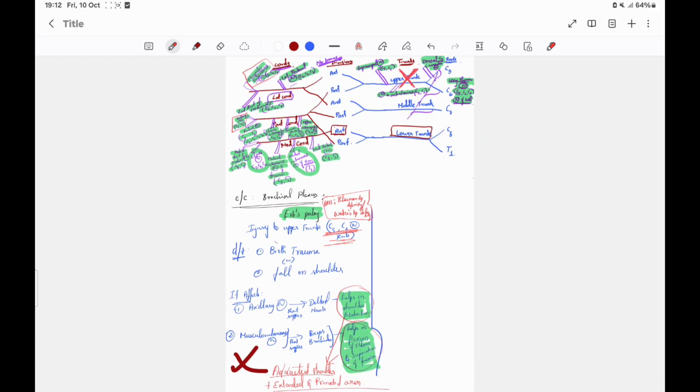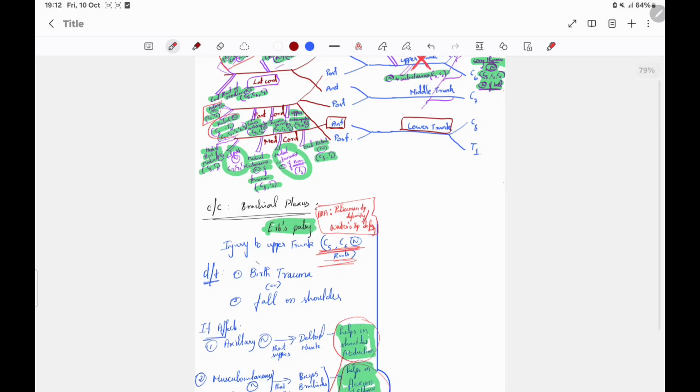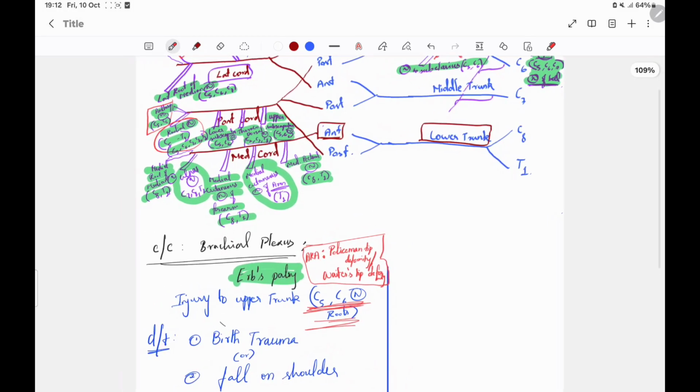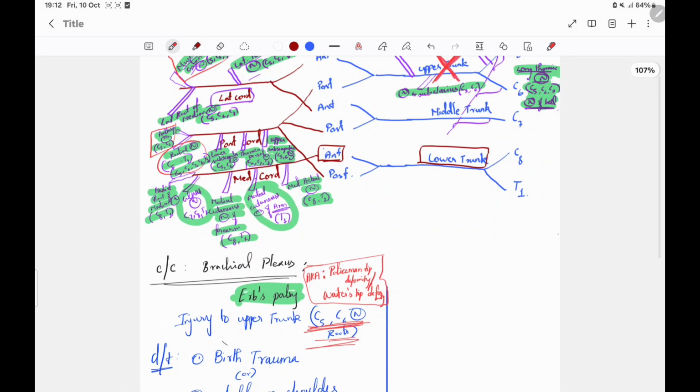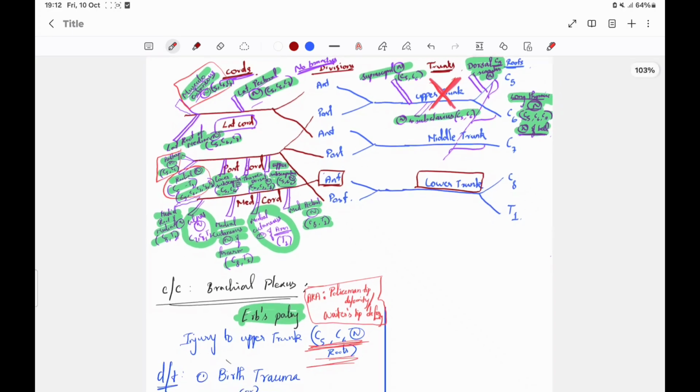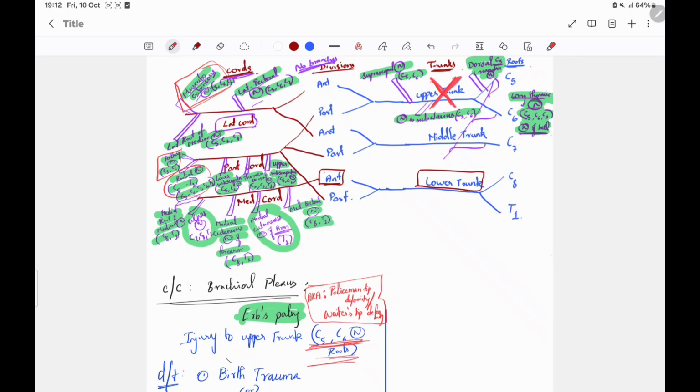It also affects the radial nerve, but the clinical significance is not so visible. These are the two nerves which are injured, and the features and symptoms are visible.